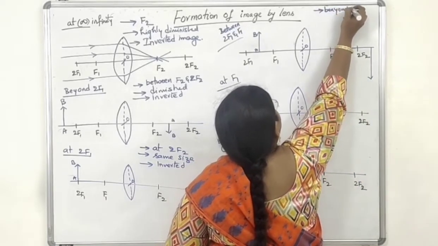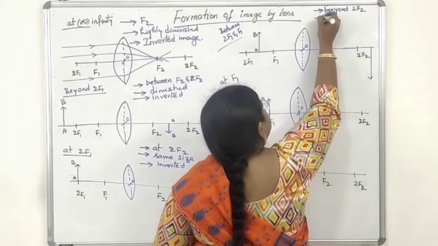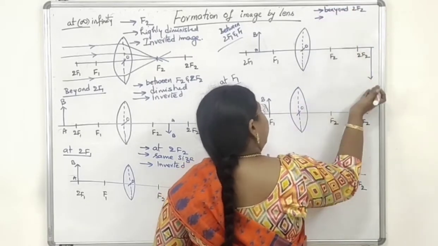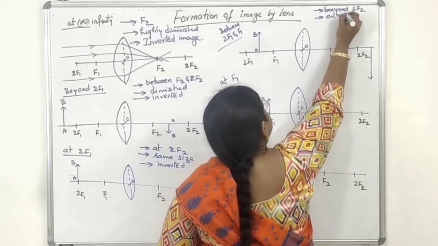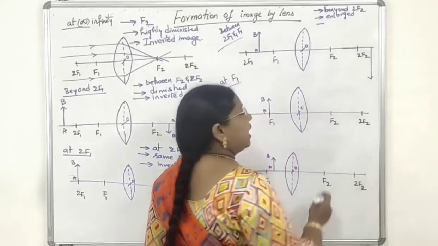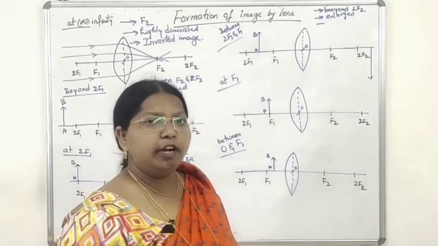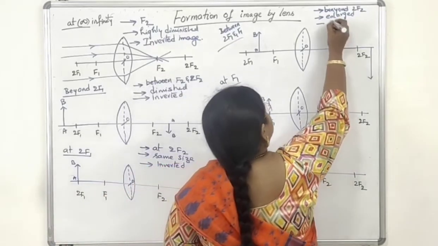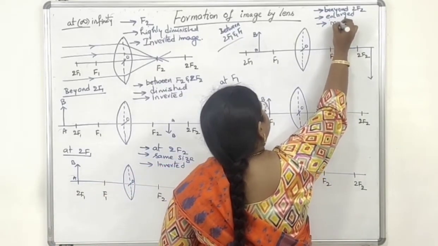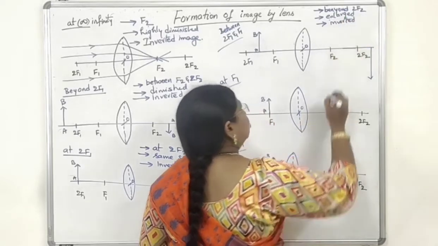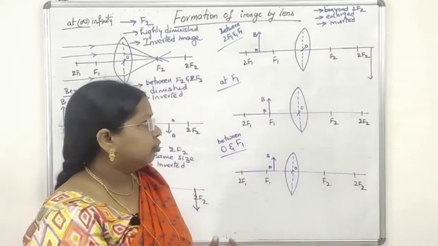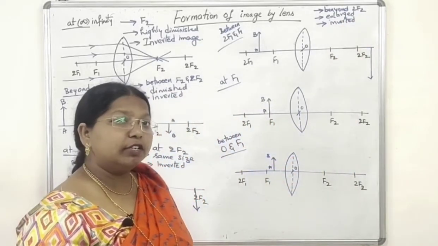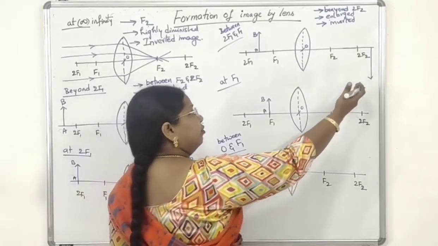Beyond 2F2. Inverted, enlarged. You can use the word magnified also. Enlarged and inverted. Clear, students? Beyond 2F2 is over.